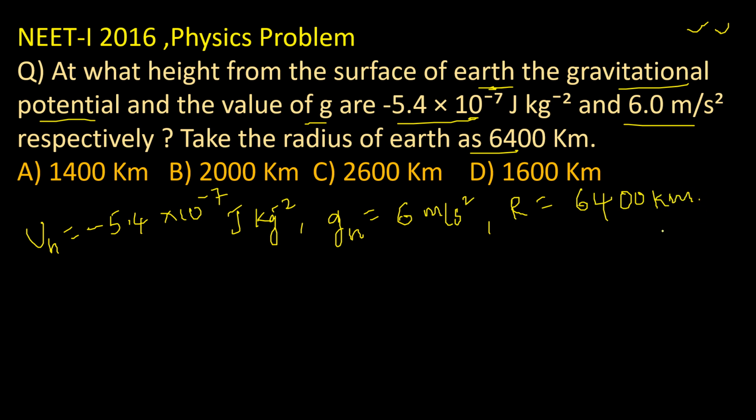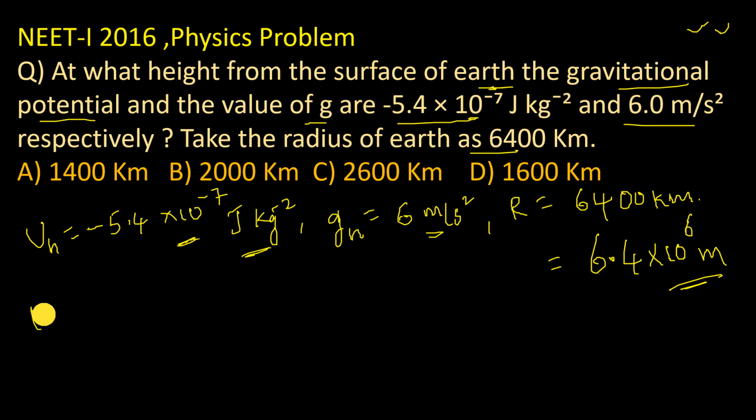We can also write this as 6.4 into 10 power 6 meters, because in this format 6 is there. So we are writing in meters, so everything you can see in SI units.